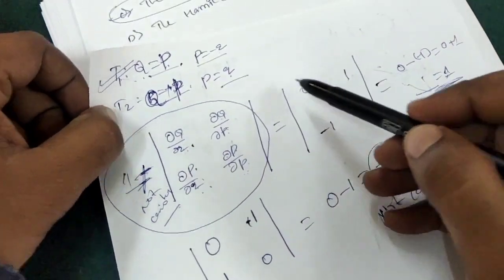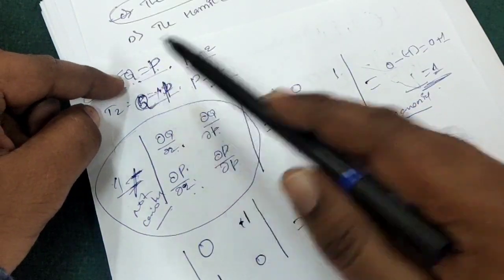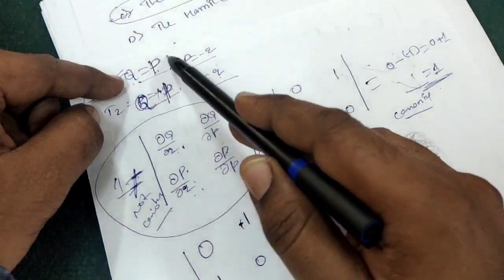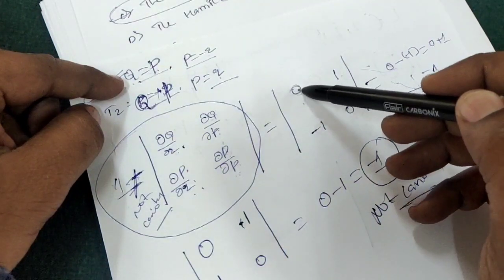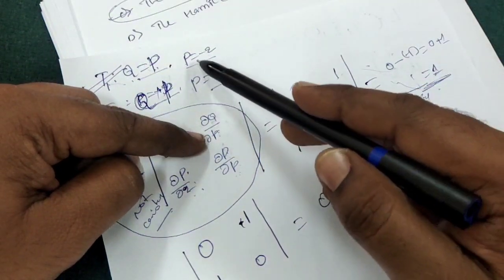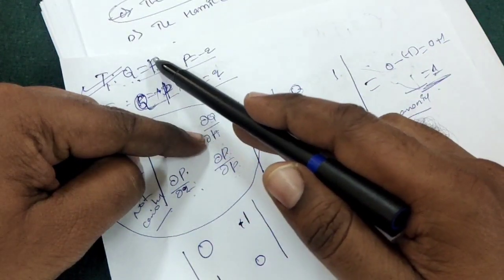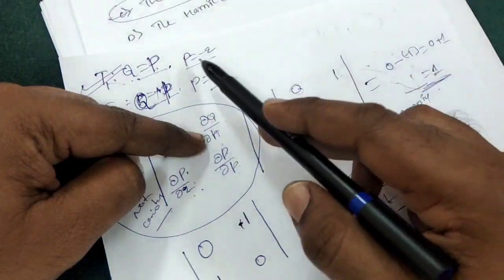For T1, Q is equal to small p and capital P is equal to minus small q. Differentiating capital Q with respect to small q gives 0, because there is no small q term. With respect to small p, the differentiation of p with respect to p is 1.